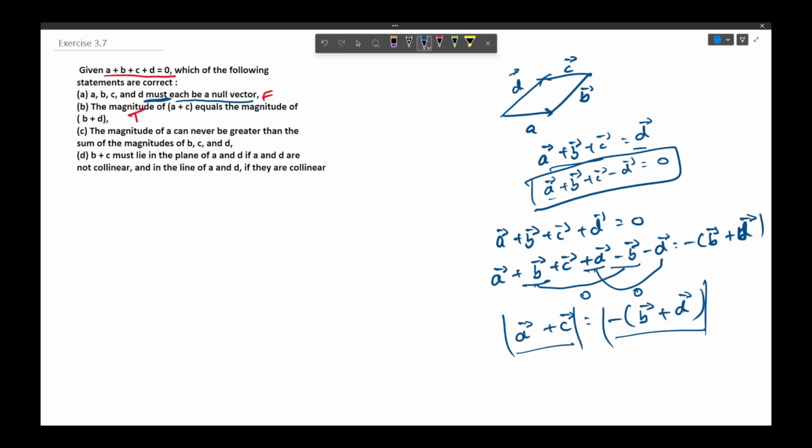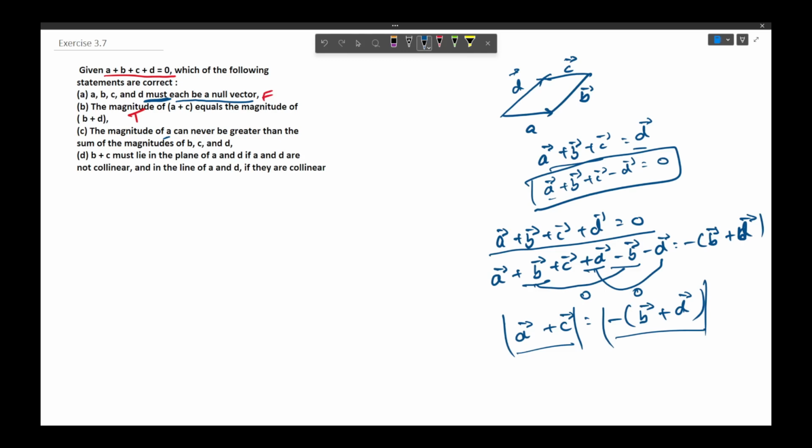Moving to the next statement, we have: the magnitude of A can never be greater than the sum of magnitudes of B, C and D. Now for this relation to be true, again we will subtract B, C, D from both the sides.